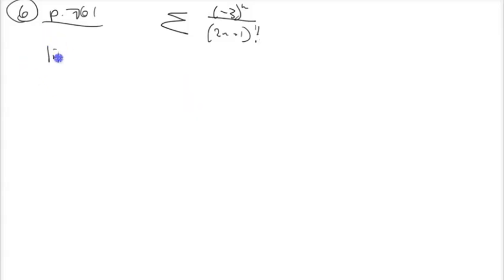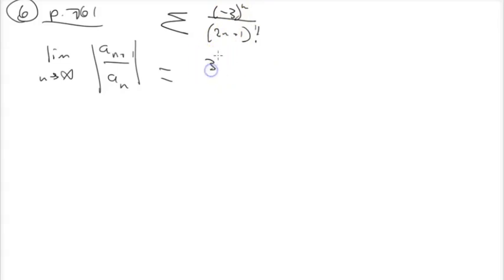The ratio test involves finding the limit as n approaches infinity of the absolute value of a sub n plus 1 over a sub n. In this case, the absolute value is just going to be this series without the negative, we make that negative a positive. Then in the numerator, we just add 1 to all the n's we see.